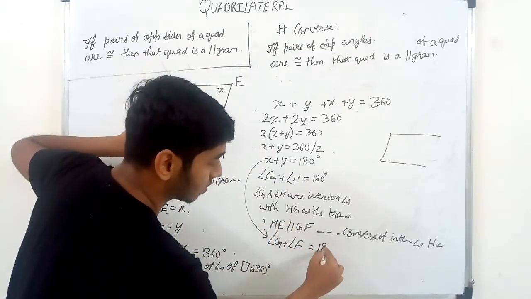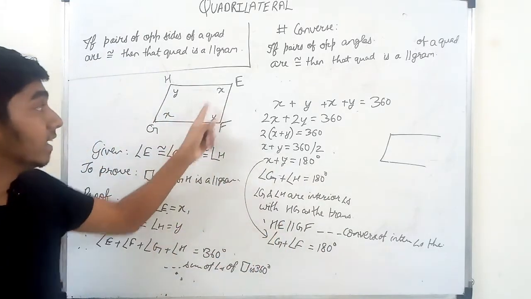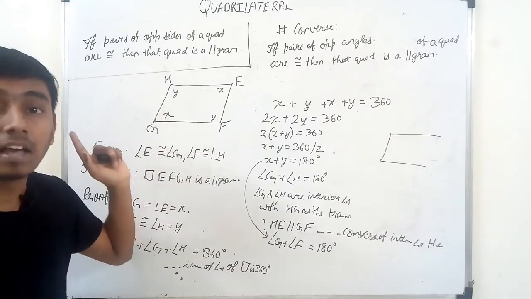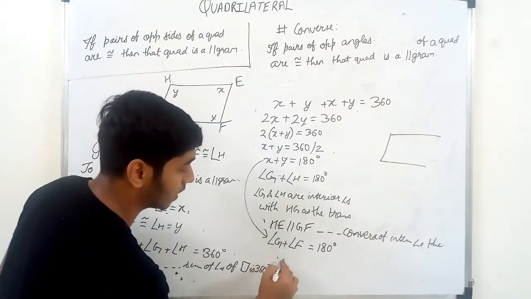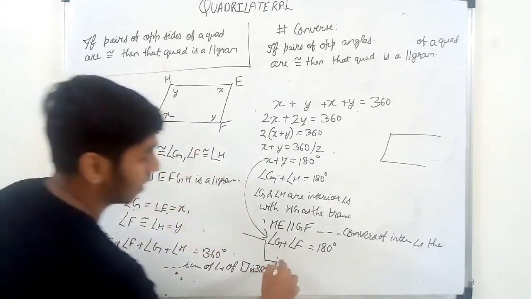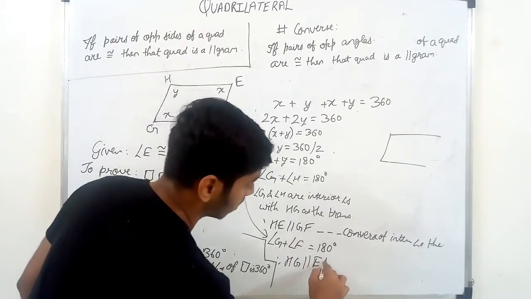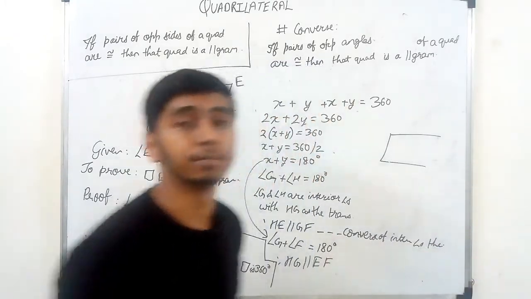So this will give us 180 degrees again. Therefore again same way, x and y, these two are forming interior angles. Therefore these two sides are parallel. Therefore we can say HG is parallel to EF. The reason will be same, converse of interior angles theorem.